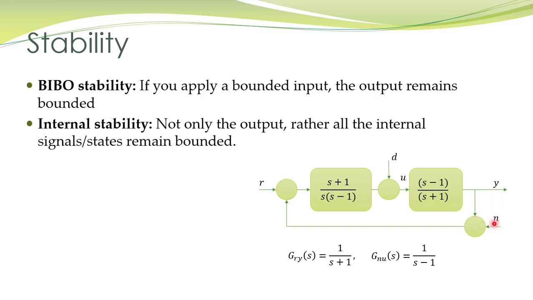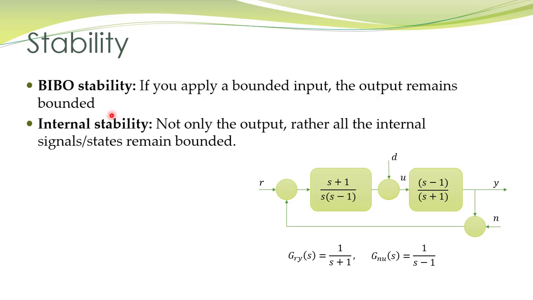However, the transfer function from this signal, which is sensor noise, to this signal, which is the control input, is given by this expression. We can see that this is an unstable transfer function. That is, even if this sensor noise is bounded, this control signal will become unbounded. Hence, this system is not internally stable because some internal signals are unbounded.